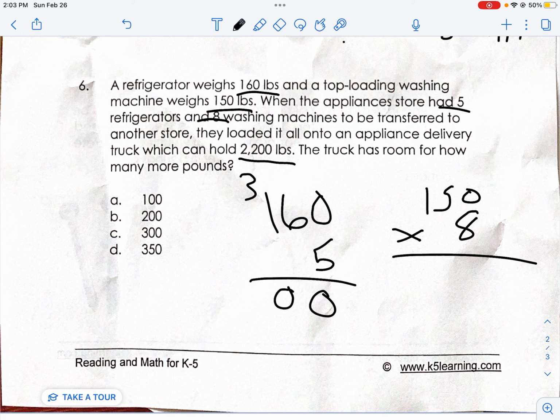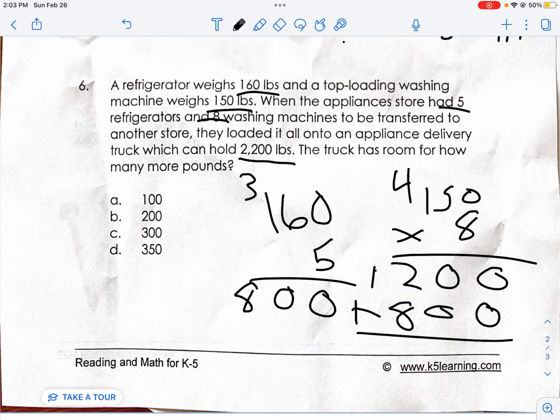Carry my 3. 1 times 5 is 5, plus 3 is 8. 8 times 0 is 0. 8 times 5 is 40. 8 times 1 is 8, plus 4 is 12. So I have 1,200 pounds plus 800 pounds, and that is 2,000 pounds. Well, the truck can hold 2,200 pounds. So 2,200 minus 2,000 is 200.